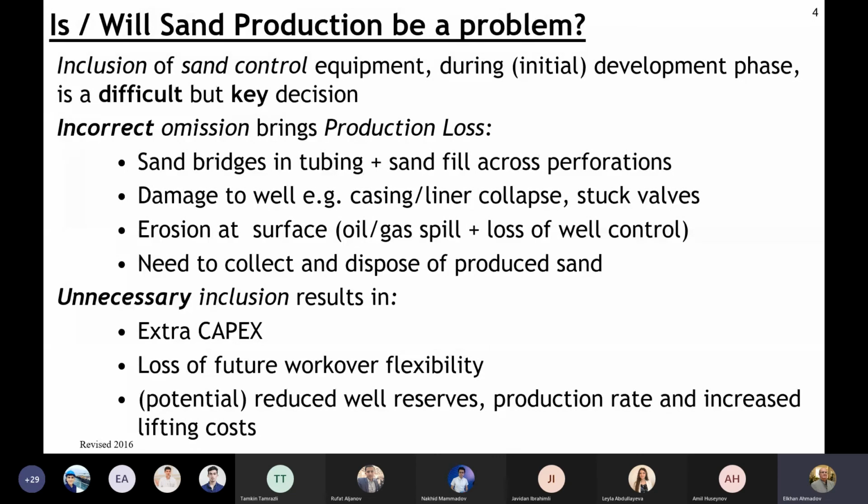So the reserves are related to this well drainage area. It may cause production rate reduction and hence increased lifting costs. And this is if we install those unnecessarily or install those without having a very deep and thorough investigation. Okay.